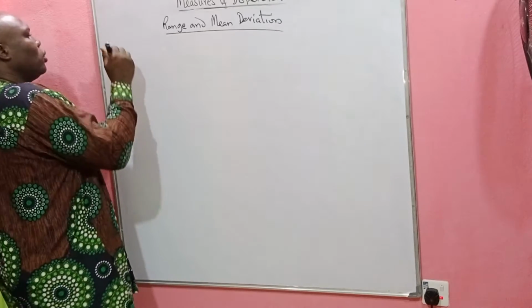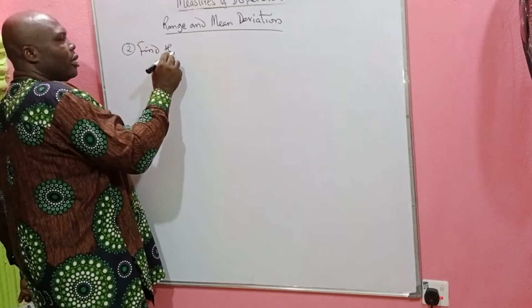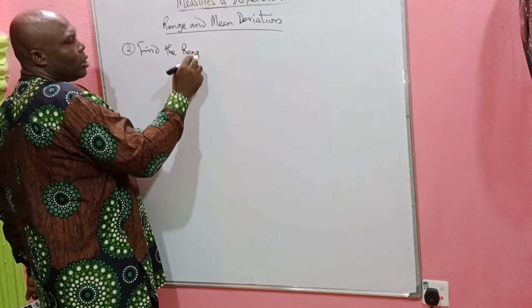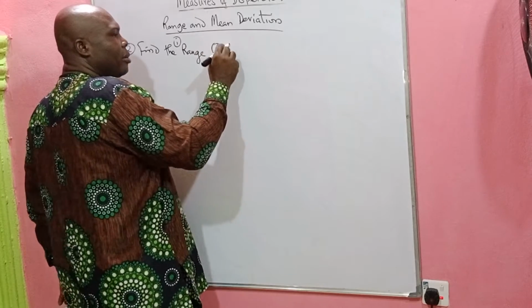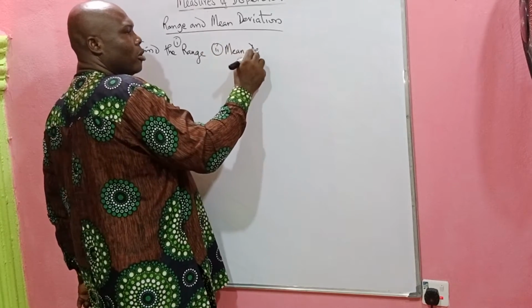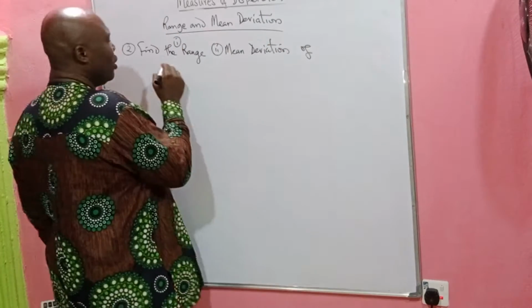All right, so number 2, find the range, which is I, and then II, the mean deviation of the table below.